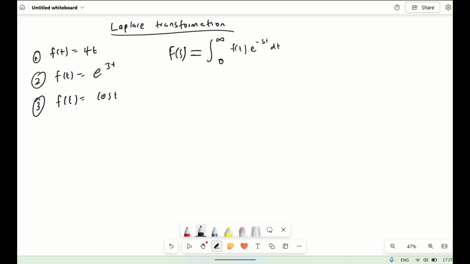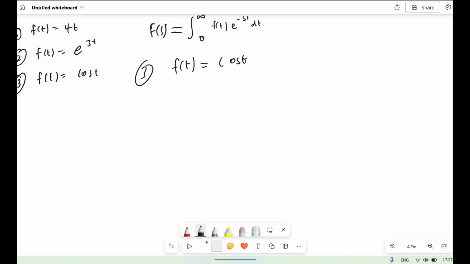So the last one, we are required to transform this equation to f of s. So it's going to be a long one, but then it's not that difficult.